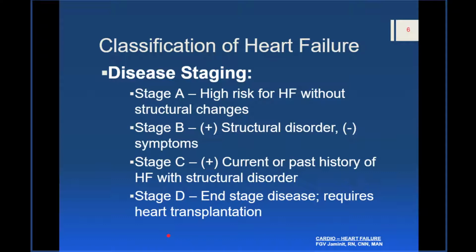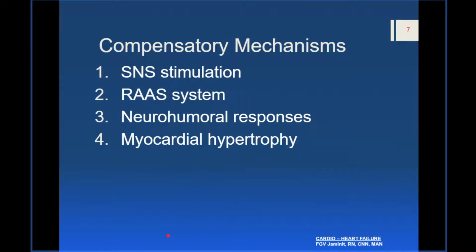Stage A, if high risk for heart failure without structural changes. Stage B, there's presence of structural changes, however, no presence of symptoms. So stage C is when a current or past history of heart failure with structural disorder, and stage D, wherein it is already at the end stage of the disease and requires also heart transplantation.